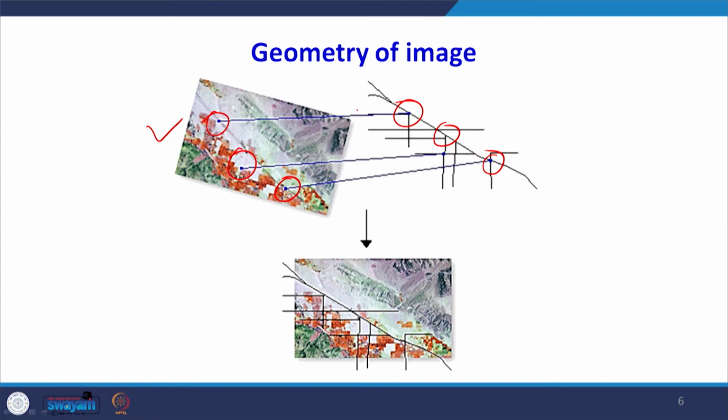Now, the geometry of the image taken by a remote sensing platform may not be exactly the same as the geometry of the earth, because when we are preparing maps of the earth surface, we are orienting them with respect to north. Our engineering maps are normally oriented with respect to magnetic north, but the army and defense people prepare maps with respect to true north.